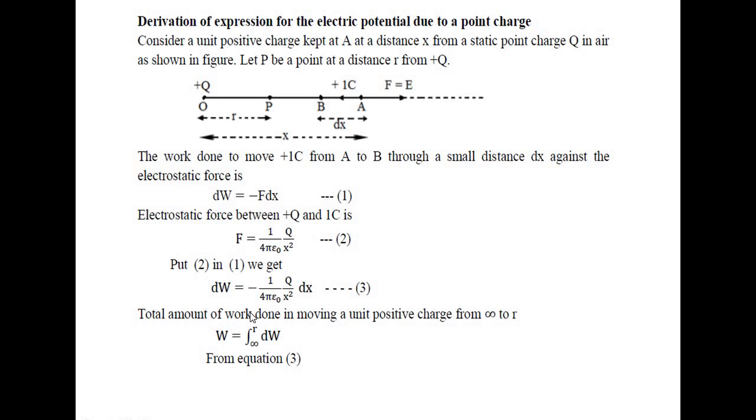In this chapter there is one important derivation, students, that is the expression for electric potential at a point due to a point charge. Here look at the figure. This is a static charge, this is a unit positive charge.